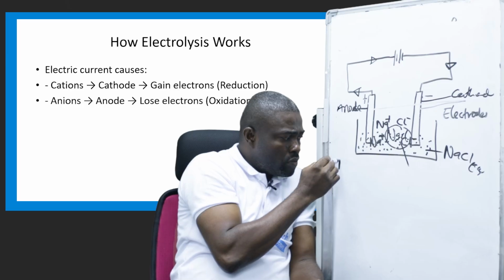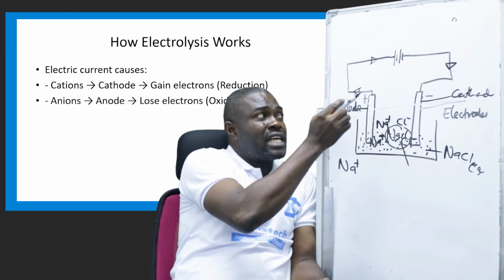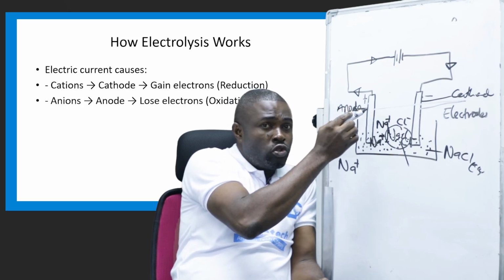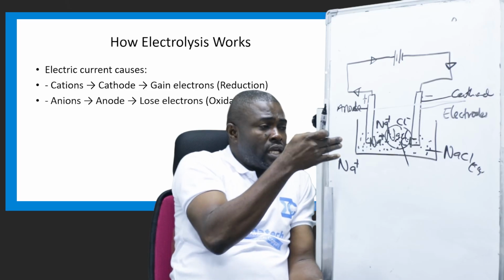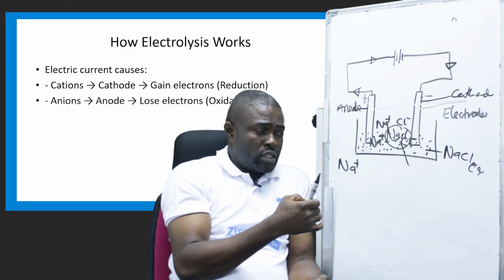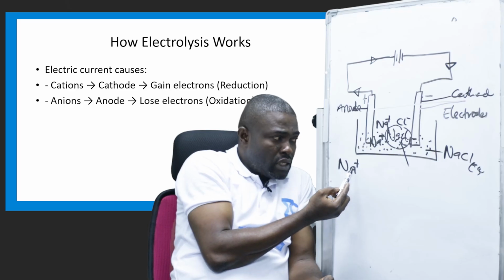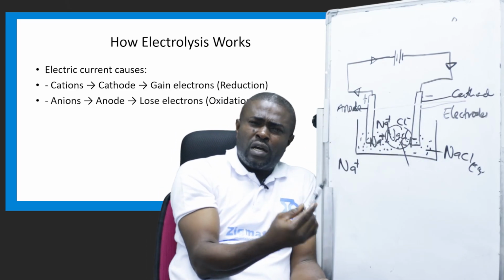Positive here is sodium ion. It must migrate to either the positive electrode or negative, the two rods. So what is the rule? The rule says that it will go to the one that carries opposite charge. Here, the ion itself is having positive, so it should go to the negative rod. What is the name of the negative rod? Cathode.